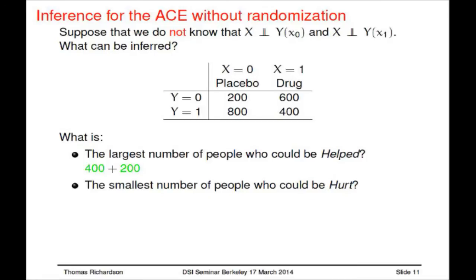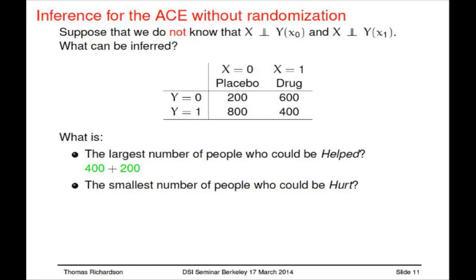And likewise, we're trying to argue the strongest case possible for the drug company. So what's the smallest number of people who could be hurt? Well, as a lawyer, do we have to admit that anyone was hurt? We don't. Sure enough, there were these 600 people that got the drug and died, but obviously those were just hopeless cases. They were going to die no matter what we did.